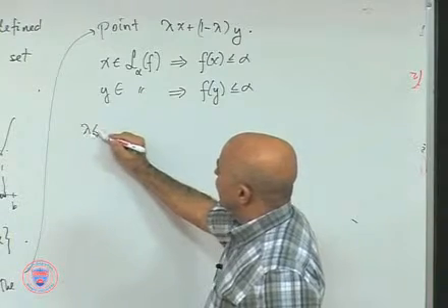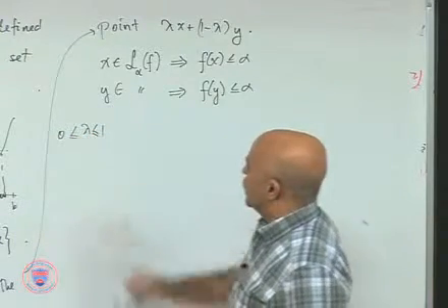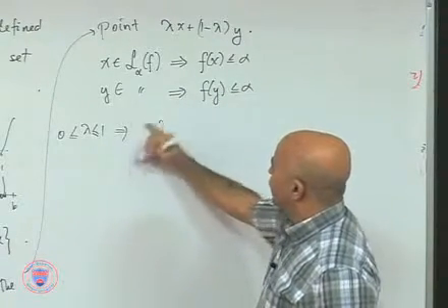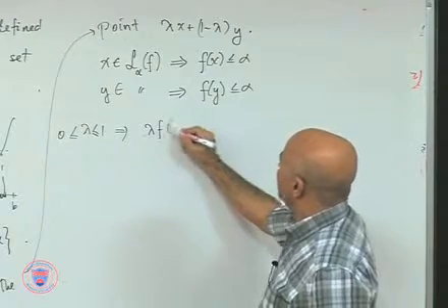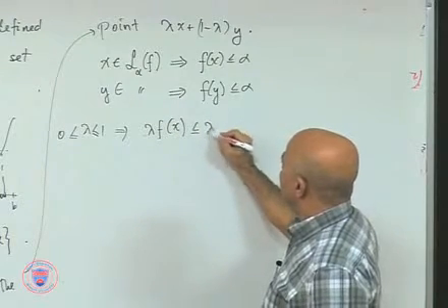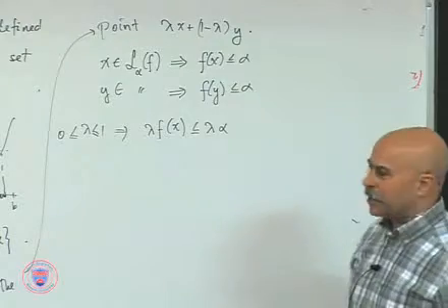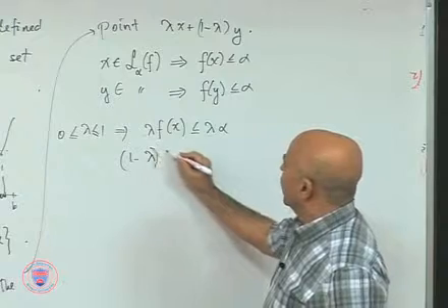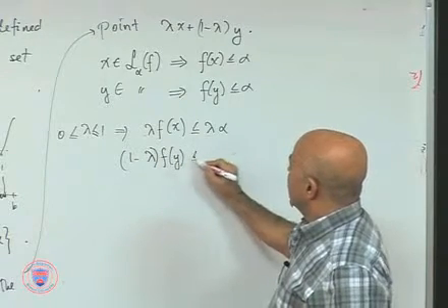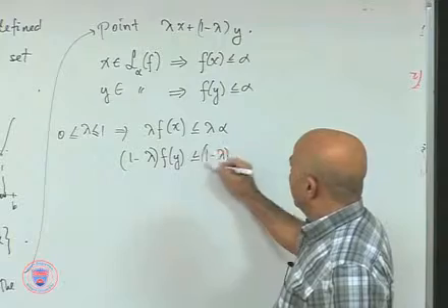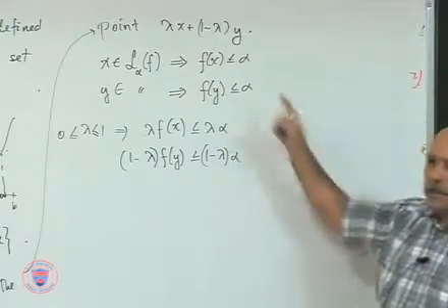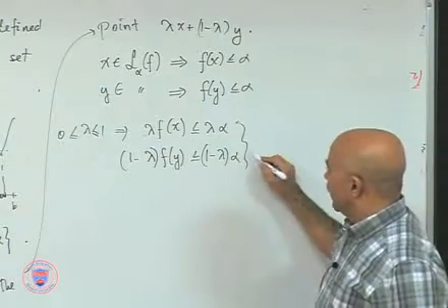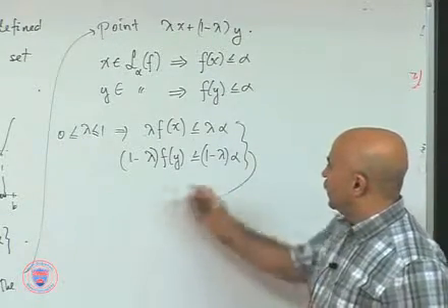Lambda being a non-negative number between 0 and 1 implies, together with these, that f of x times lambda is less than or equal to lambda alpha. I'm just multiplying both sides. And that 1 minus lambda f of y is less than or equal to 1 minus lambda alpha. Again, multiplying the second inequality, which together, of course, implies that, what does it imply?